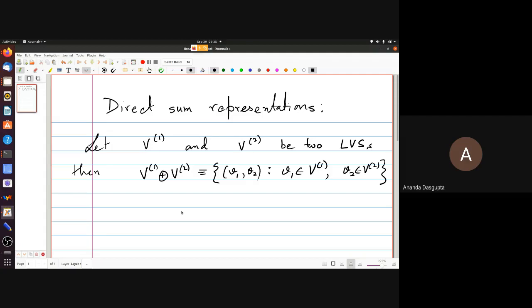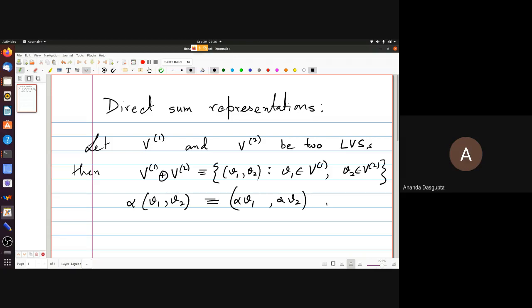So this is a set, of course, of tuples, of couples in particular, of vectors. This becomes a vector space when you define how to multiply these elements by scalars, and the definition is sort of trivial. You just multiply each element, which of course belongs to a vector space, by alpha. So alpha v1 is an element of capital V1, alpha v2 is an element of capital V2.